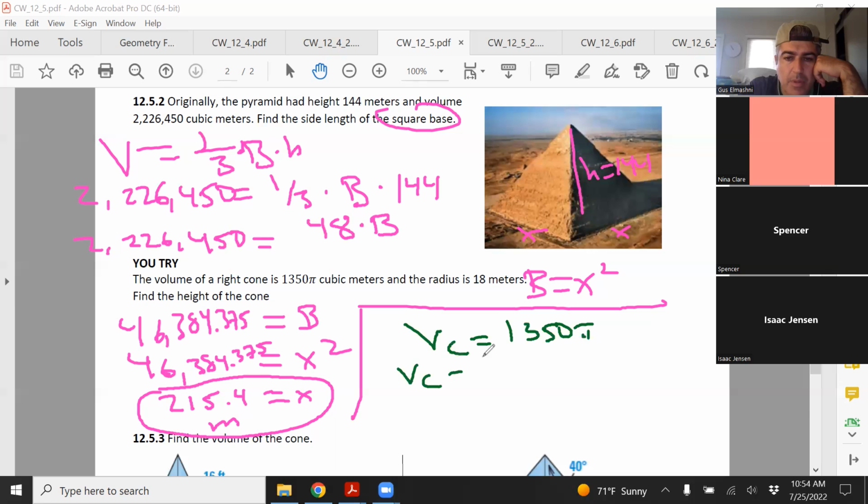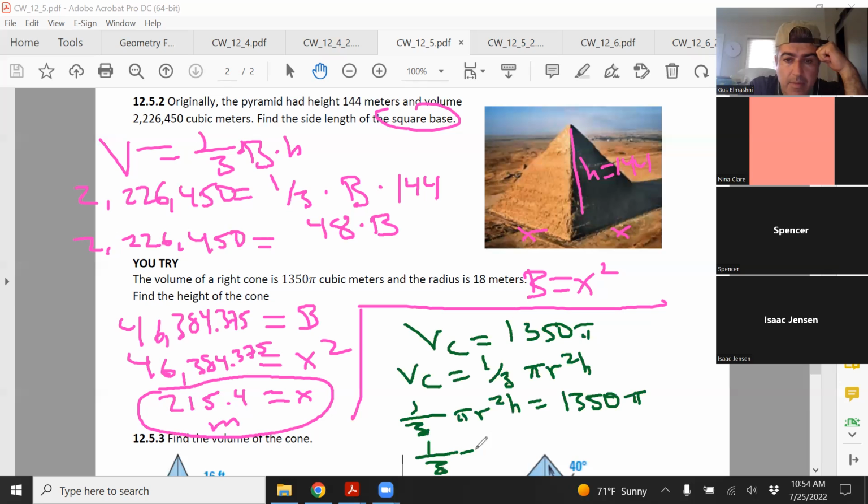And the volume of the cone is also 1/3 pi r squared h. And the ratio is 18. Pi's cancel.